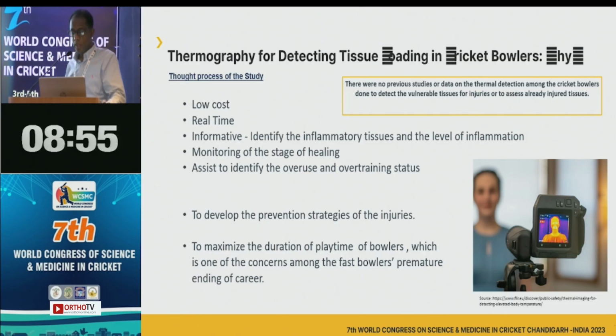It can also be a very important tool to identify the overuse and overtraining status of athletes. This can be applied to develop prevention strategies, which have not been applied before. One major concern in fast bowlers is the premature ending of their careers because of injuries and overuse problems. All of this can be assisted and supported using this technique.